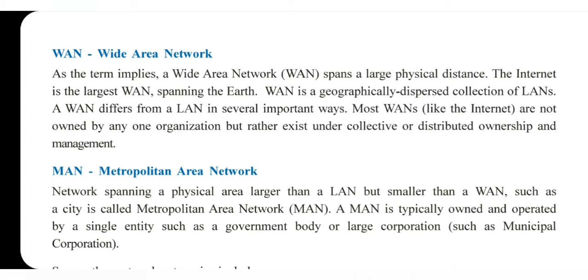Next is for the city, and the WAN is the global network that combines the multiple LANs and MANs together. A MAN is typically managed or operated by a single entity such as a government body or a large corporation such as a municipal corporation. So large entities are managing the MAN.